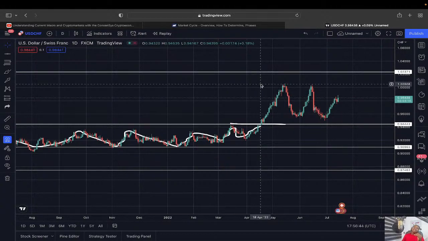Because when the market does not go in your direction, you'll be losing more money. So stop loss is that order that you use to limit the amount that you are willing to lose.